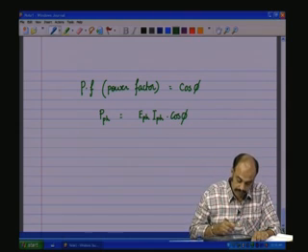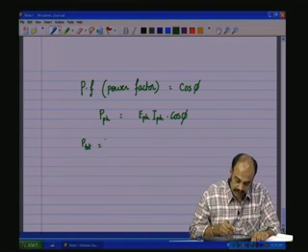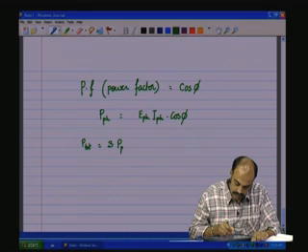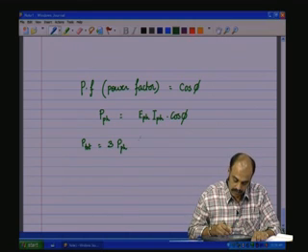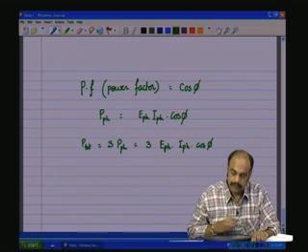And the total power in all three phases, because all three phases are symmetric, is going to be 3 times the per phase power, which is 3 times E phase into I phase into cos of phi.